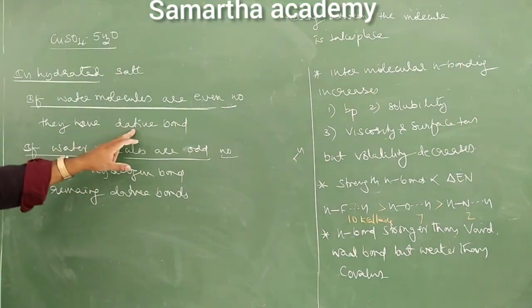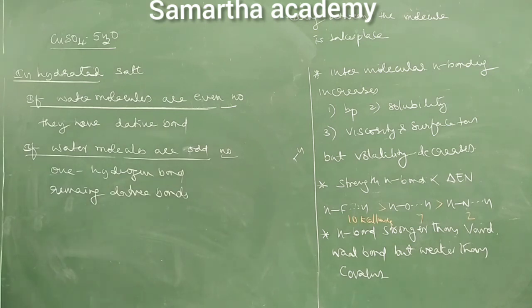All are what? Dative bonds. If water molecules are odd number, one water molecule has hydrogen bond, remaining all have dative bond. Now tell me, copper sulfate 5H2O. How many dative bonds? How many hydrogen bonds? 4 dative bonds, 1 hydrogen bond.